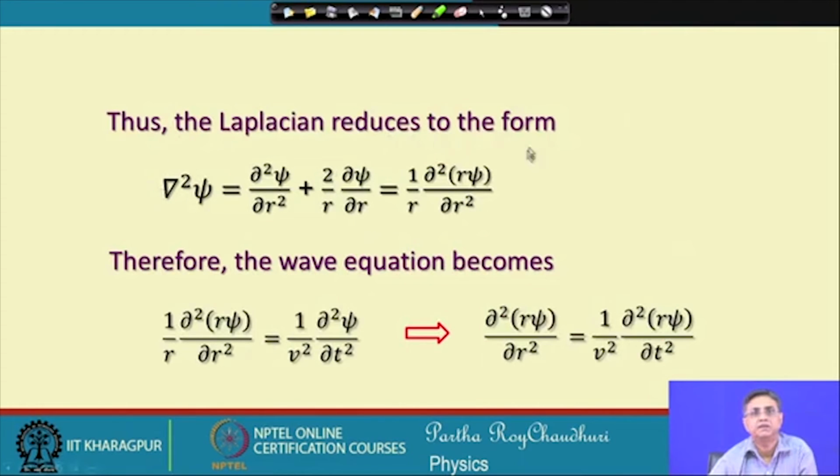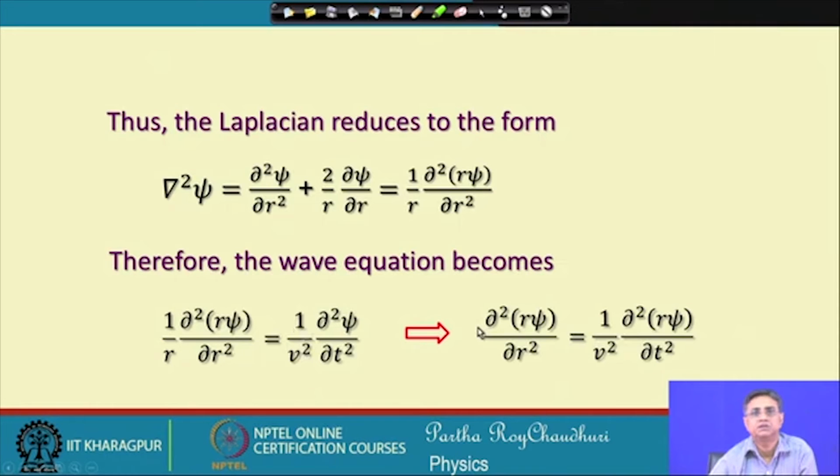So, the Laplacian reduces to this form, which can be written in this form also by doing that manipulation. Therefore, the wave equation becomes 1 upon r del square r psi del r square equal to 1 by v square del square psi del t square, where v is the velocity of the electromagnetic wave.